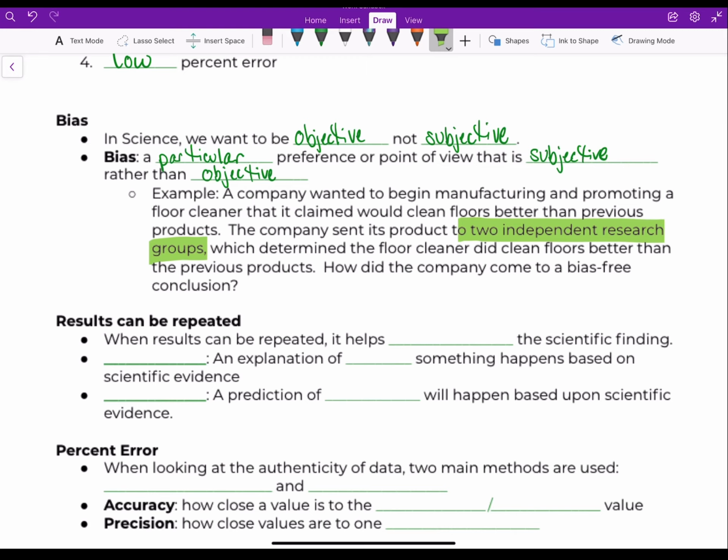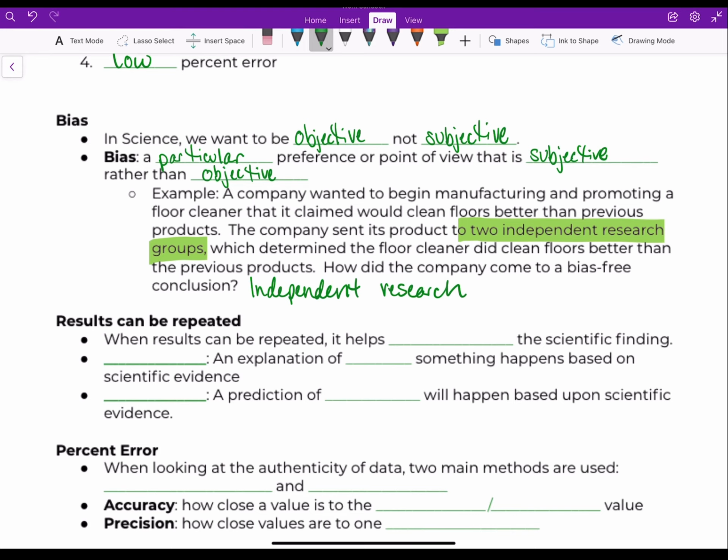If you are getting a floor cleaner from a company and they proclaim from their research that theirs is the best, it's like, can I really trust that? Whereas they sent their product to an independent, so another research company, and that verified it. So that is a great way. Now, this is only one way that bias can be eliminated. So this independent research, that is one way.